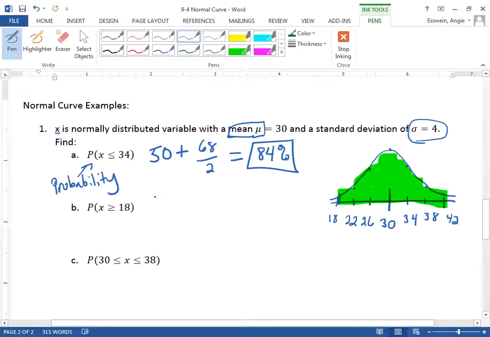Roxana, yeah? Well, because you still have that 0.3%, I believe, that's above 42. There's the 0.3% that isn't covered.